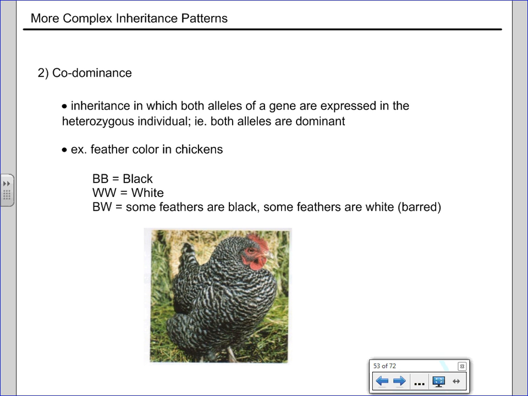So if, for instance, in this particular type of chicken, they had both B alleles, then it would be all black. If they had both white alleles, it would be a white chicken. But if they had a B and a W, then you get a pattern. Some feathers are showing the black and some feathers are showing the white, and we call that a barred pattern.